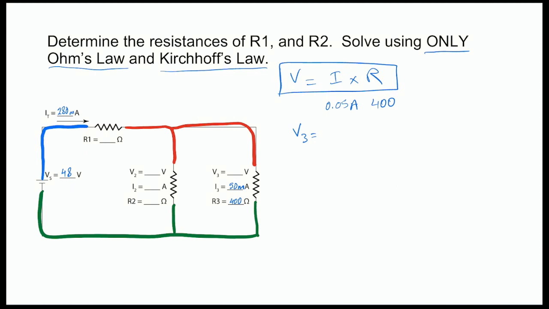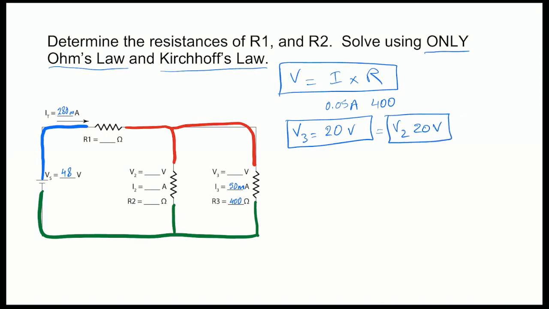It's going to be the multiplication of 0.05 and 400. And the answer to that calculation is 20. So 20 volts is V3. As I said before, since R2 and R3 are in parallel, that is also the value of V2, 20 volts.